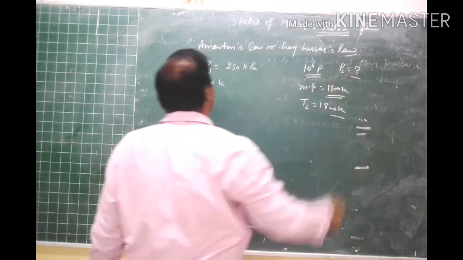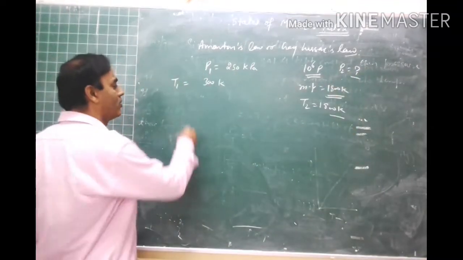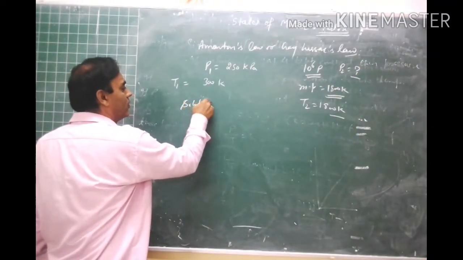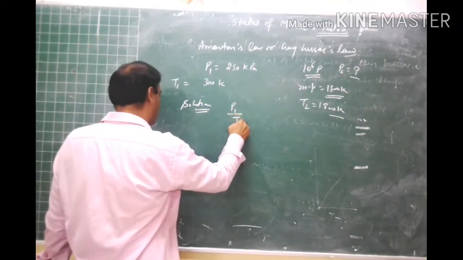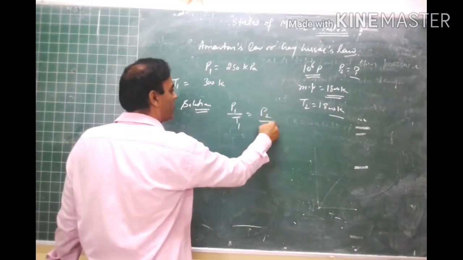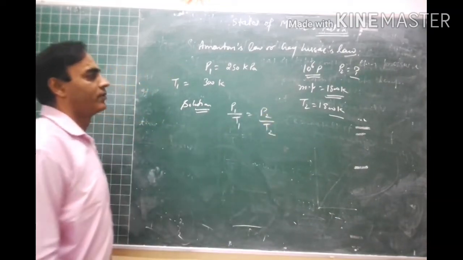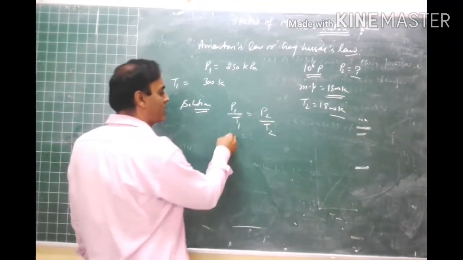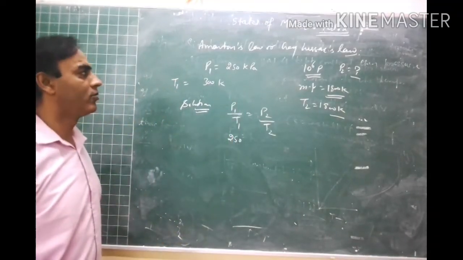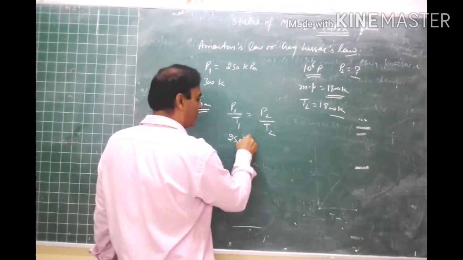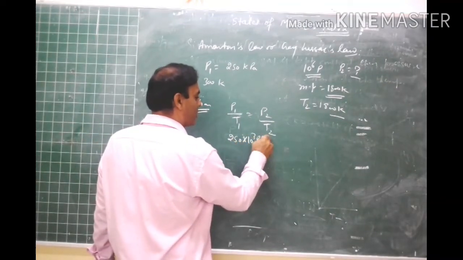So by applying the law, P1 upon T1 is equal to P2 upon T2, right? P1 is here 250 kilopascal. What is kilo? Kilo is equal to 10 raised to the power 3 Pascal.